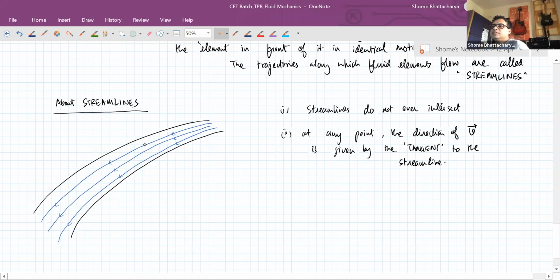Okay. So at a point like this, for example, the velocity vector, its direction will be along the tangent at that point. At a point like this, the velocity vector will be like this. At a point like this, the velocity vector would have become like this, because the tangent at that point is like that.